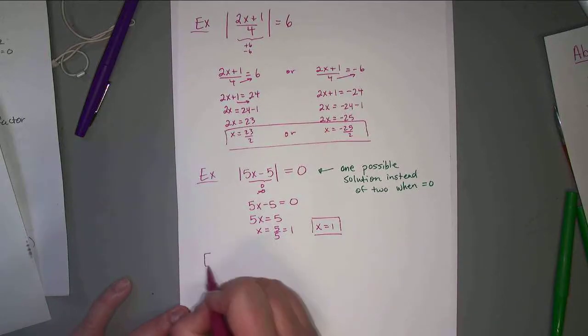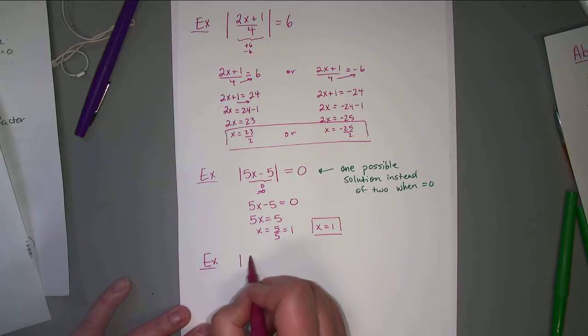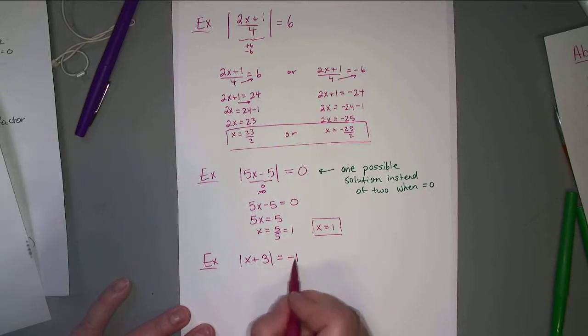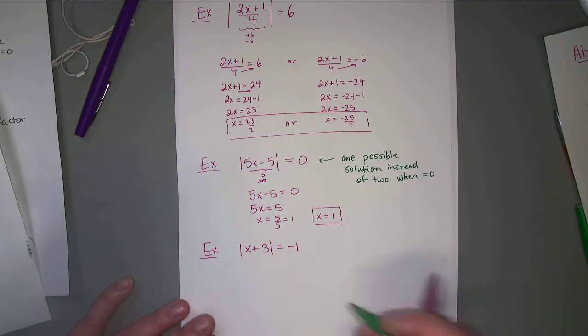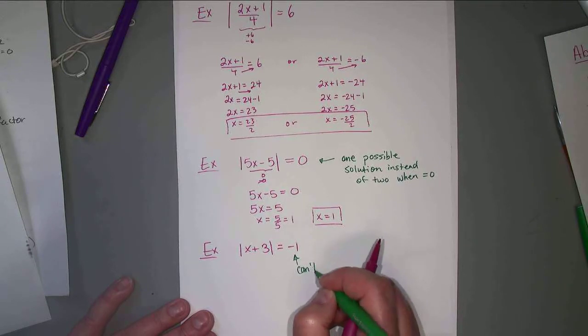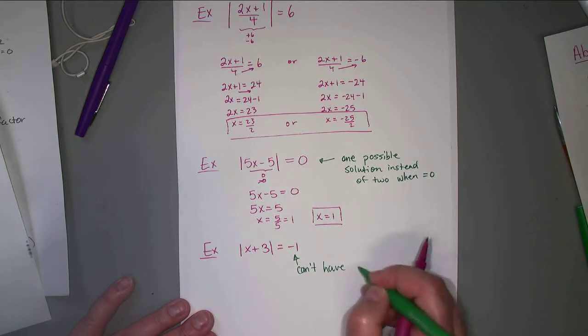And then the other case is if we had an absolute value is equal to a negative number. Well, since it's a distance, it can't be negative, and this won't work. Can't have a negative distance.